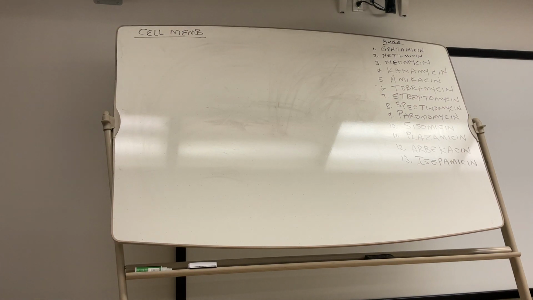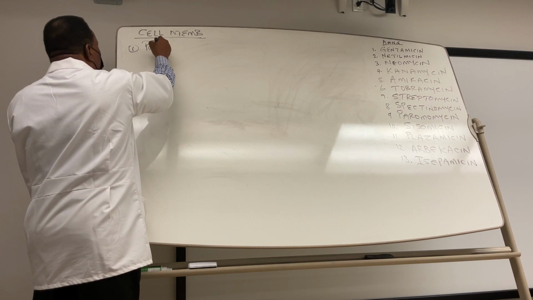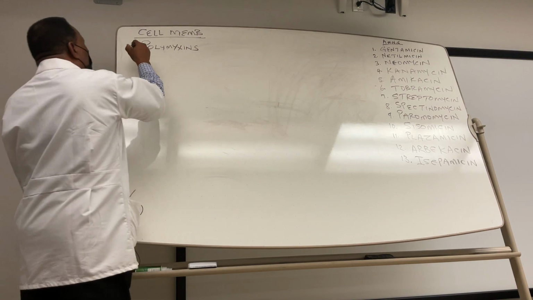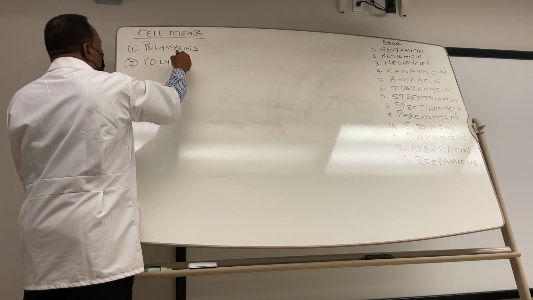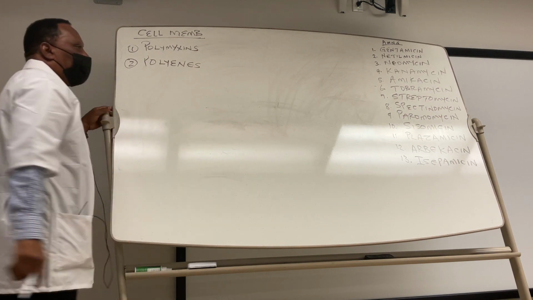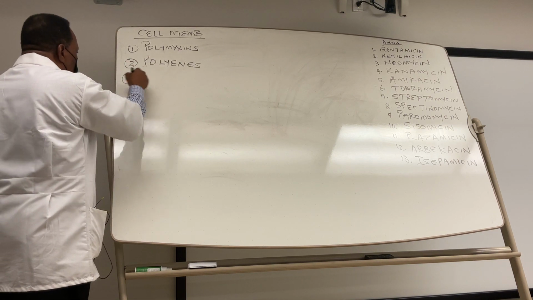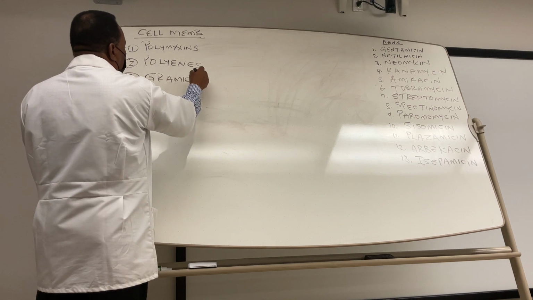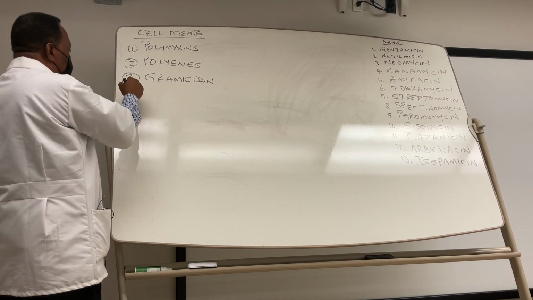Drugs that inhibit cell membrane functions. You have your polymyxins there, and the polyenes, that is polyene antibiotics. And you have gramicidin, which also affects the cell membrane.